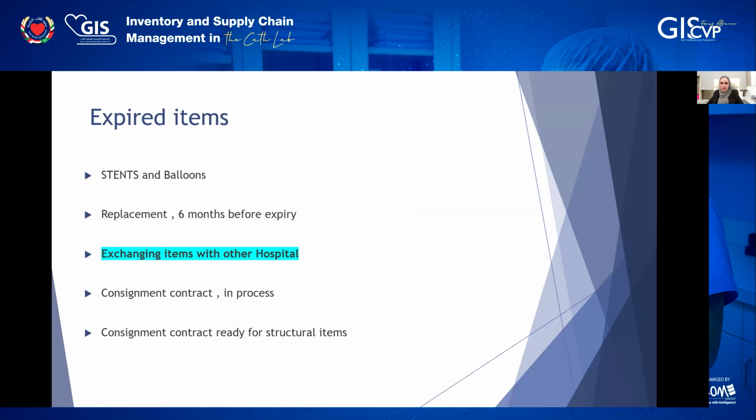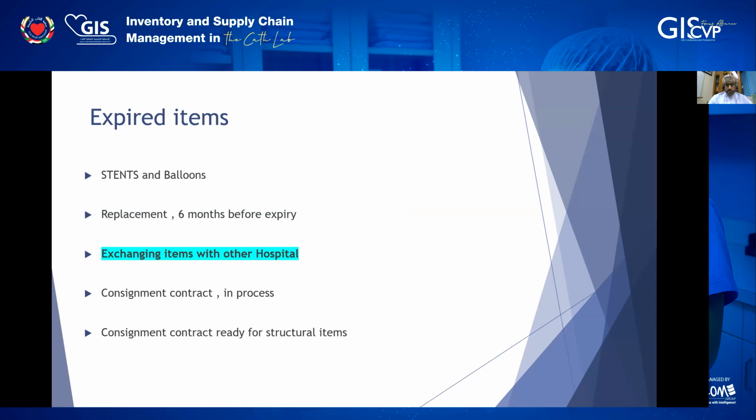Expired items: we suffered a lot of expired items, and most of the items that expired in our lab are stents and balloons. Initially, we had an agreement with the vendors that they exchange any nearly expired items 6 months before the expiry.